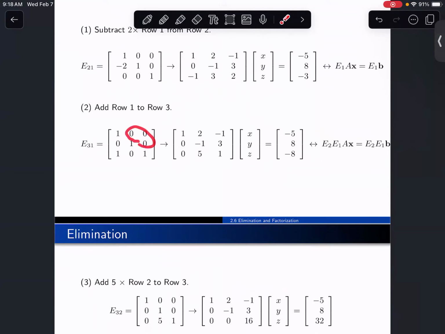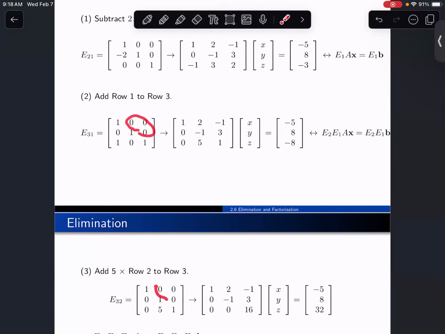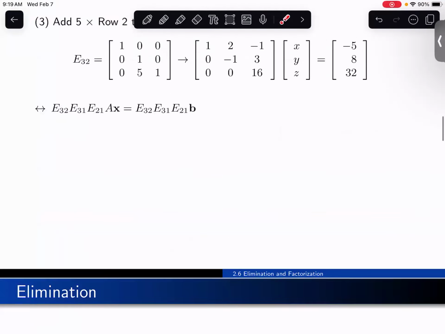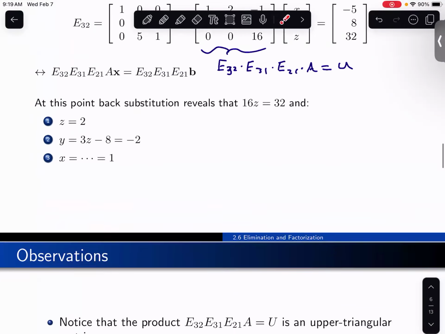E31, these entries are all 0. And then E32, all of these entries are 0. So all of these are lower triangular, and we have this lower triangle of entries in our matrix that are allowed to be non-zero. And so the elimination matrices are going to determine what the lower triangular matrix is going to end up being.